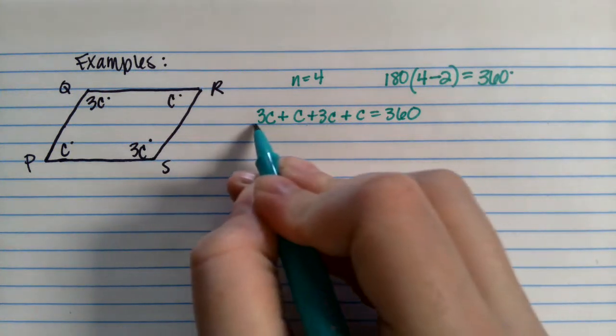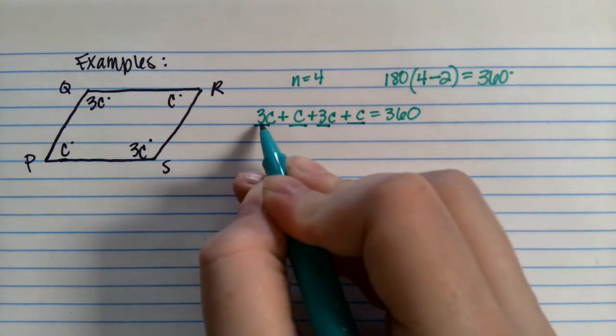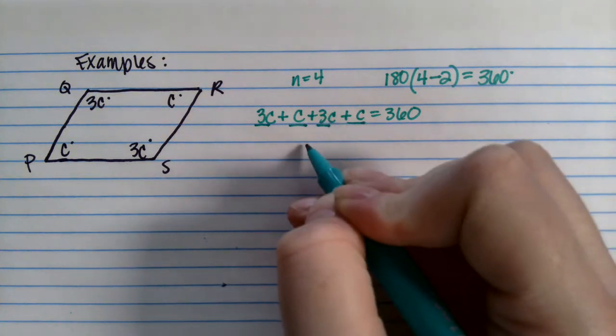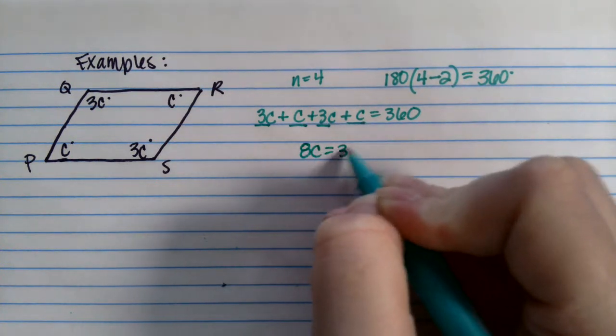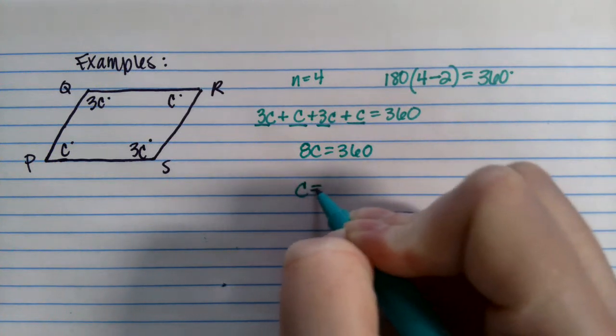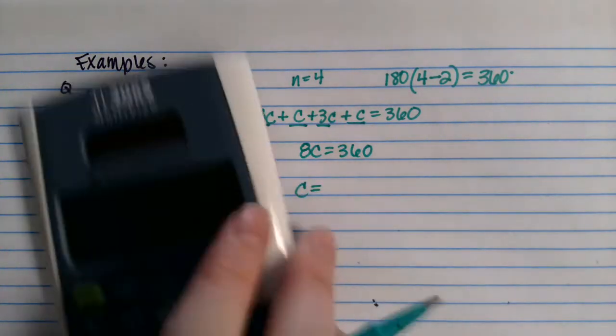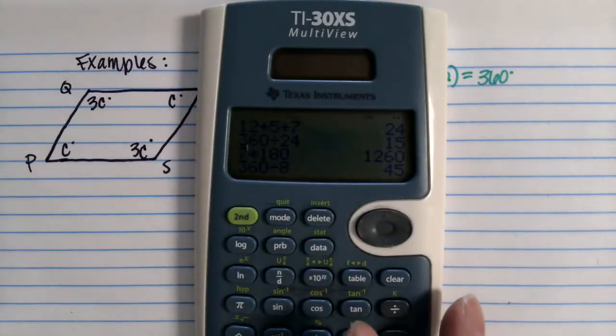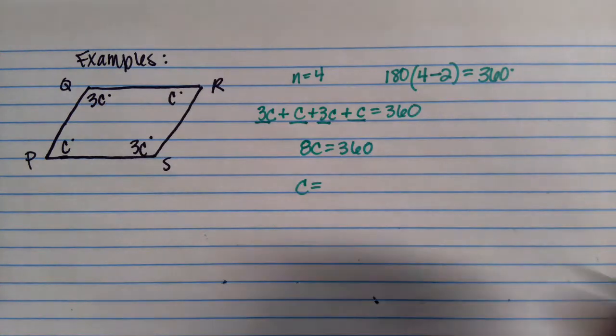These are all like terms because they're all C's. So 3C plus C is 4, 7, 8C. And then divide by 8. So we get 45.